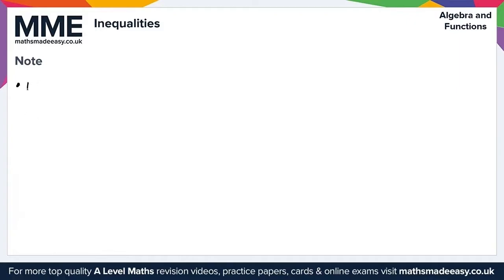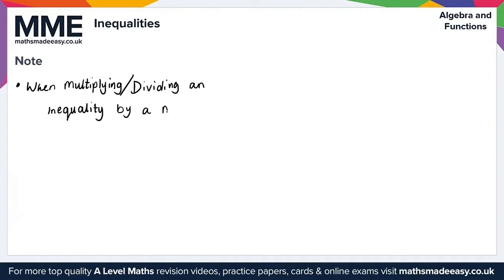So when you're multiplying or dividing an inequality by a negative number, the symbol or the direction of the inequality sign will change.